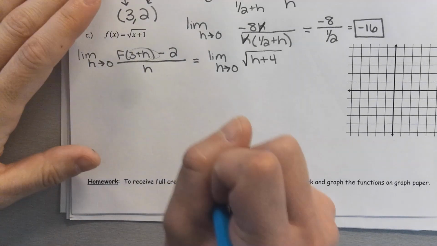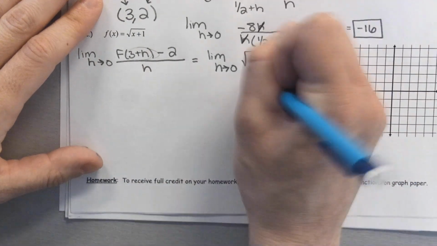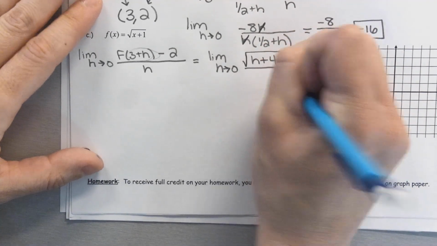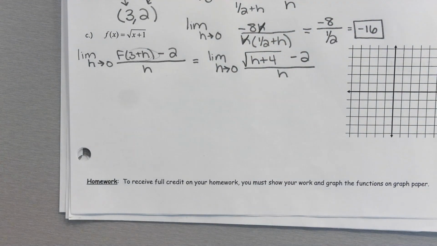All right. And then we've got minus 2 all over h. Can I plug in 0? No. Okay. So what was a strategy from yesterday that we haven't used yet?